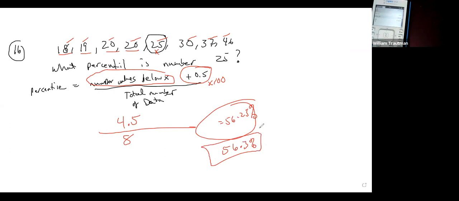But I don't know if percentiles rounds to decimals. It doesn't say so in the book, but it'd be very obvious to pick the correct answer. They wouldn't give you 56.25 and 56.3. More than likely, they just have 56.3.